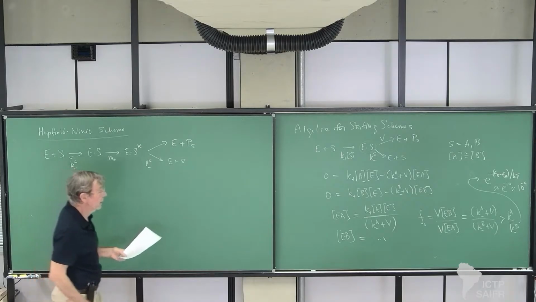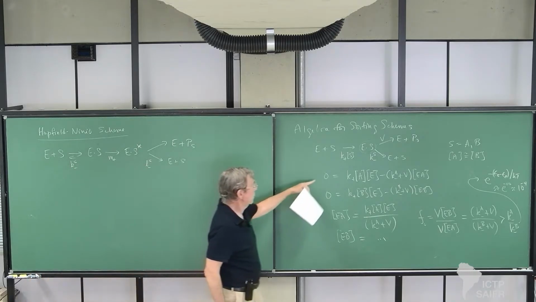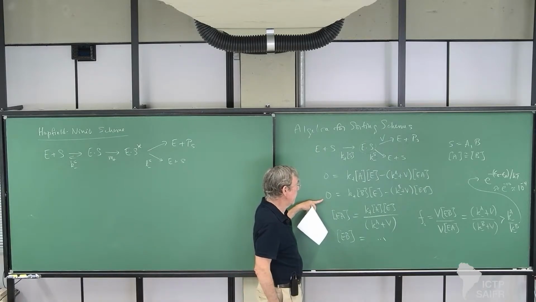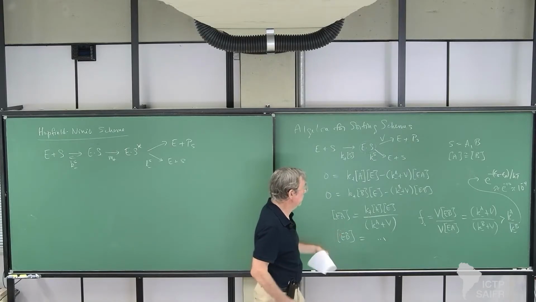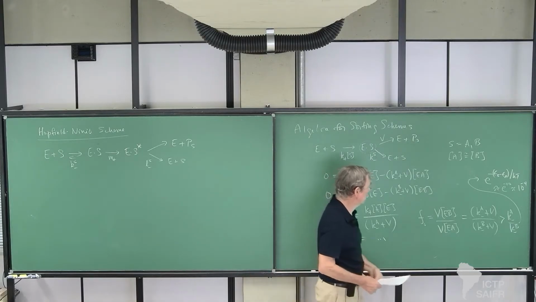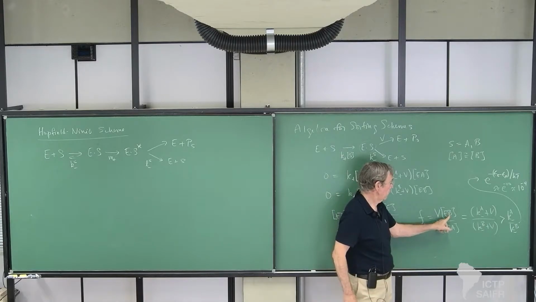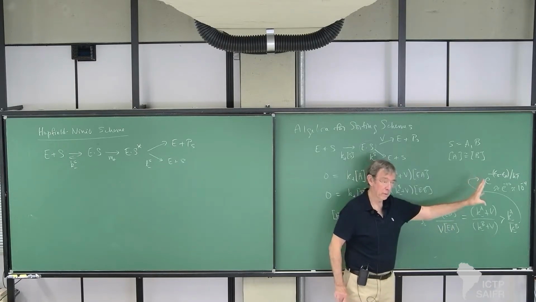So the kinetic equations are a little bit more complicated, but not that much more complicated. And this basic observation that all that matters really is the ratio of the concentrations of the bad to the good bound complex just before it gets to make the product.